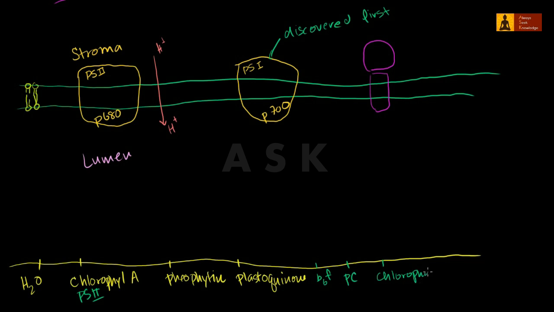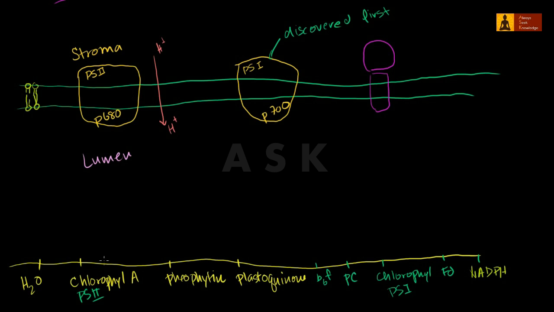Chlorophyll in photosystem 1. And then you have ferredoxin. I'll just write FD for ferredoxin. Some other molecules, you keep going. And then you have your eventual electron acceptor NADP+, which once it accepts the electron becomes NADPH.